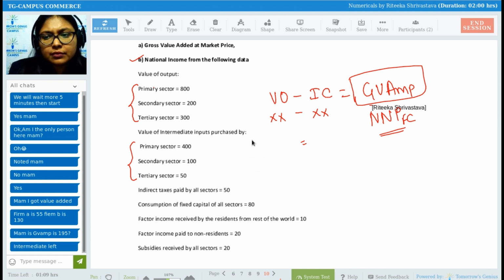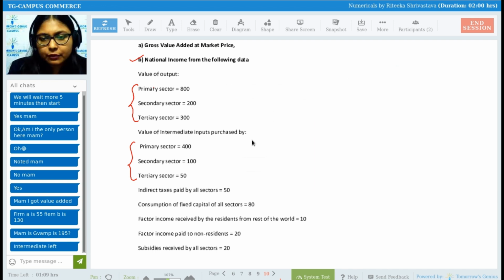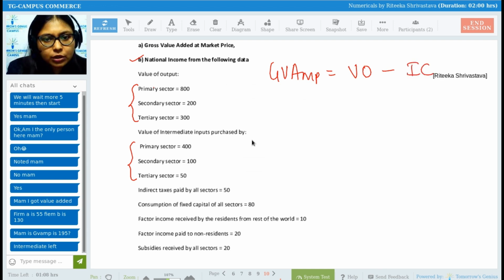GVAMP is your value added method. Whenever such kind of questions are there, you have to write the formula: GVA at MP is equal to value of output minus intermediate consumption. Value of output they have directly given you, no sales or anything else you have to do. We know that while calculating the value added method, we have to include all the sectors.